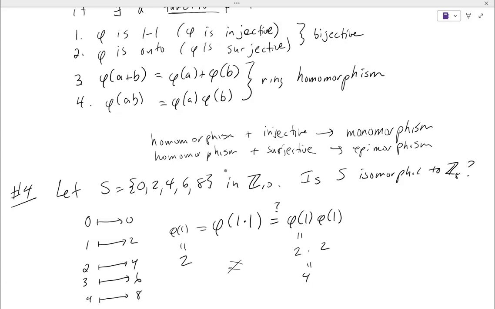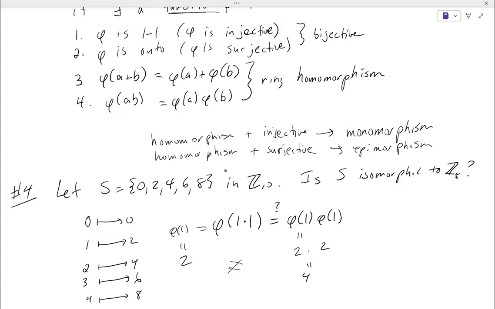Now, just because I found one function that did not work, does that mean they're not isomorphic? No, not necessarily. Just because I found one that didn't work doesn't mean there isn't one that does. But I said sometimes it's a little bit harder to find the isomorphism. So the whole reason why I'm doing this particular example, it's not an easy concept.